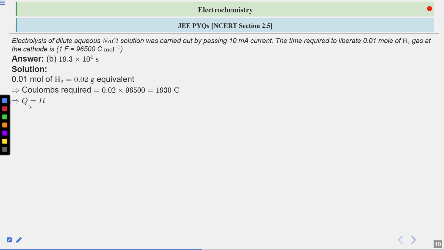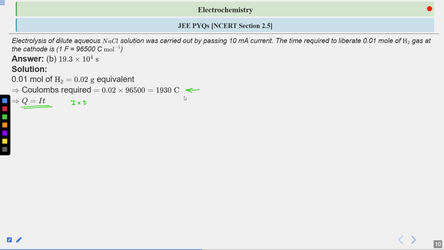Now you also know that Q equals IT, right? That means the current multiplied by the time. For what amount of time the current is passing determines the charge that will flow, right? So Q equals IT.